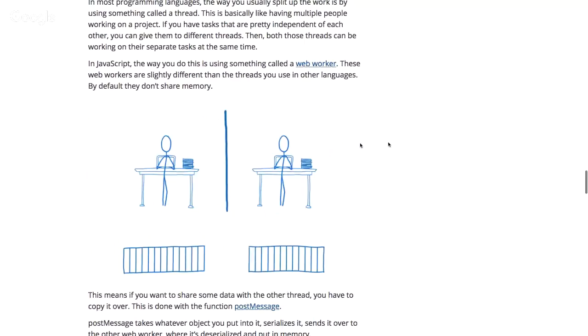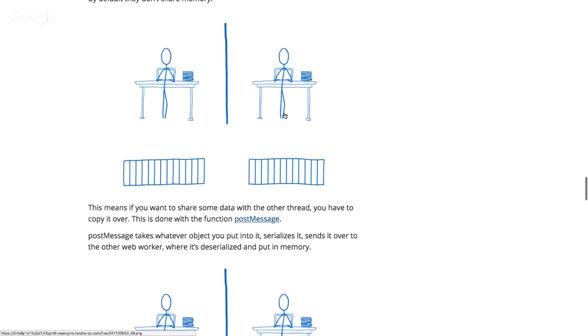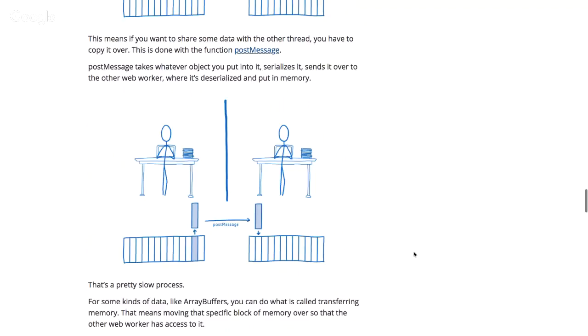So they're showing the web workers. The only problem is a typical web worker can only access its own set of memory. So the way you would share something between web workers is using something like post message.